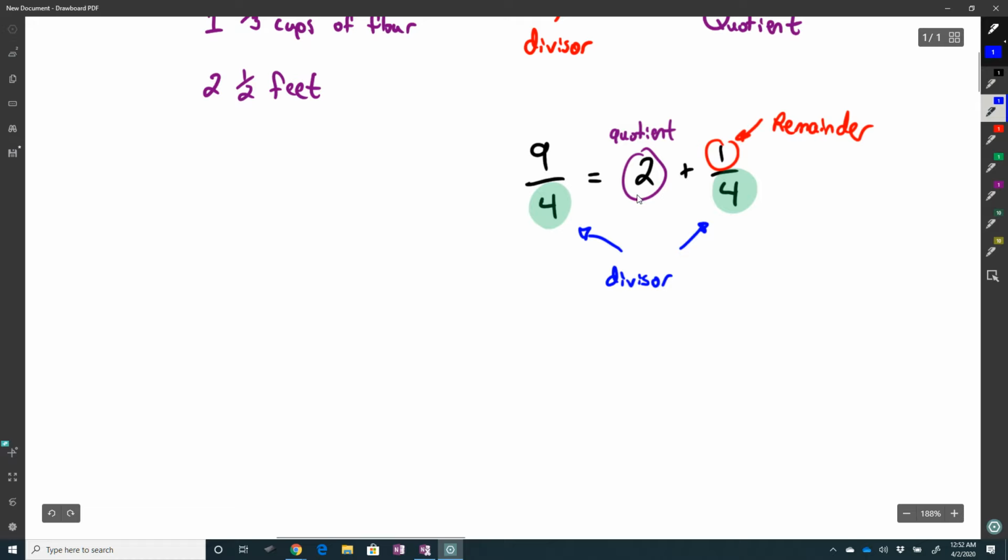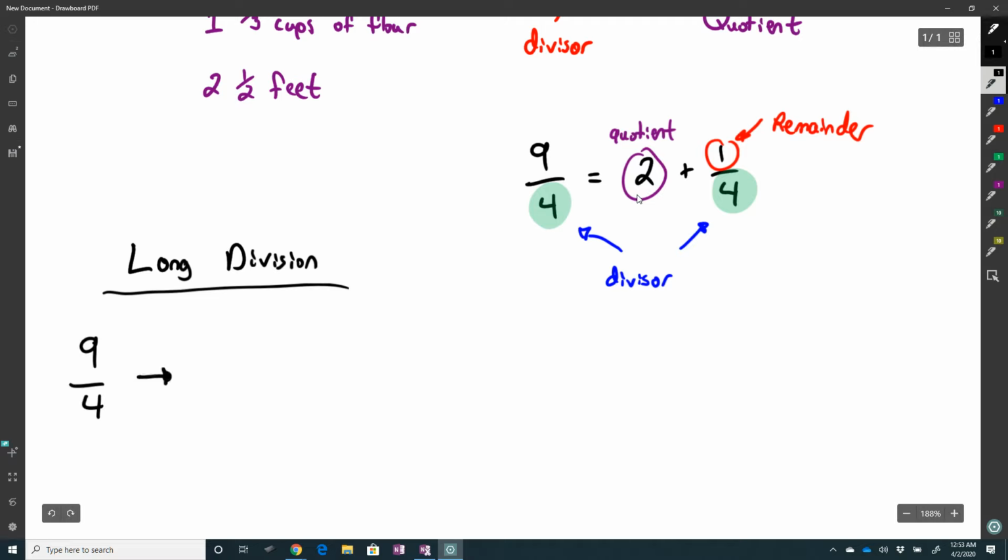Now I did this in my head, but I could have also done this using long division. If I could spell right. And so in long division, if I had 9/4, what you would do is you would put the 4 on the outside, the 9 on the inside.